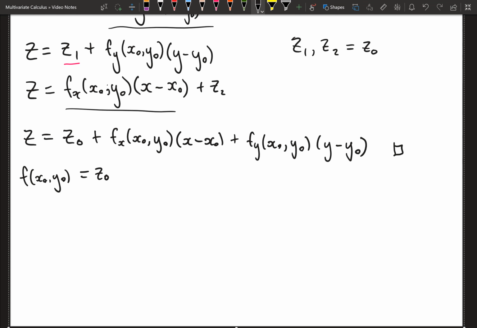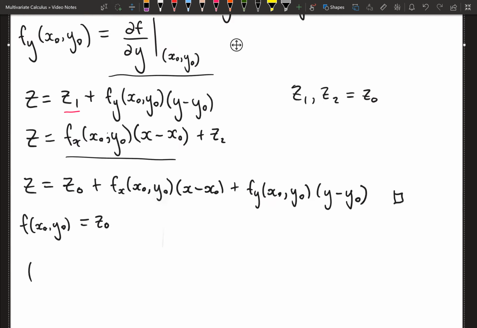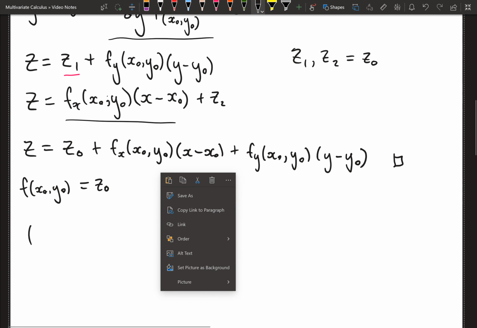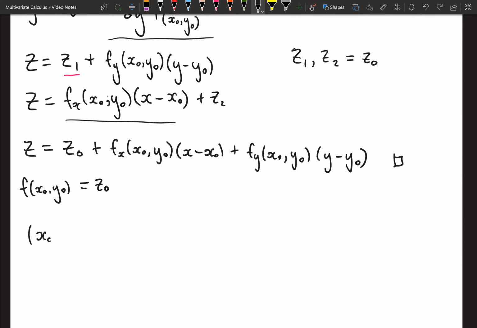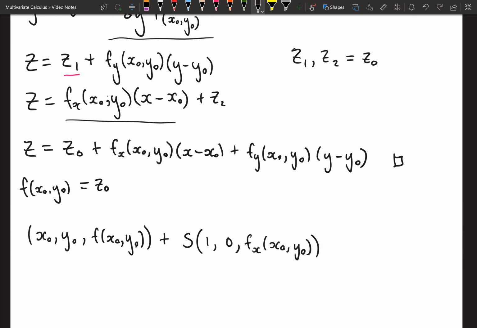Well, that would mean, by definition, we have our point defined (x naught, y naught, f(x naught, y naught)), and then we have some scalar multiplied by (1, 0, f_x(x naught, y naught)), and then we add another scalar multiplied by (0, 1, f_y(x naught, y naught)).